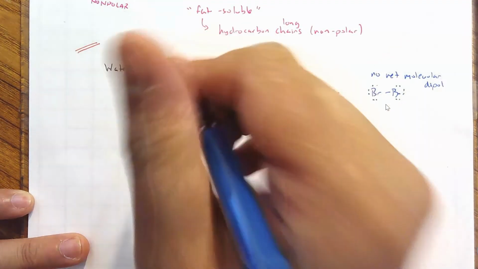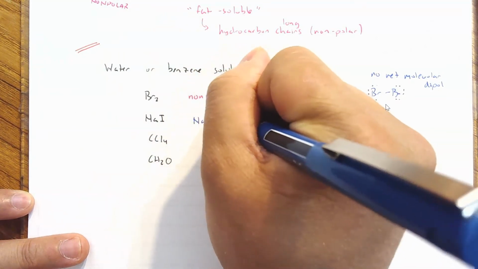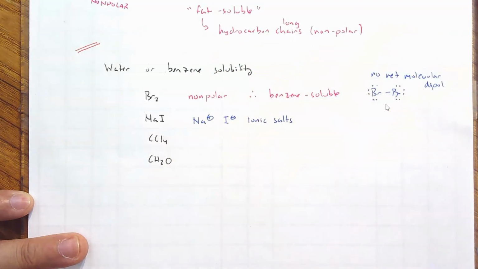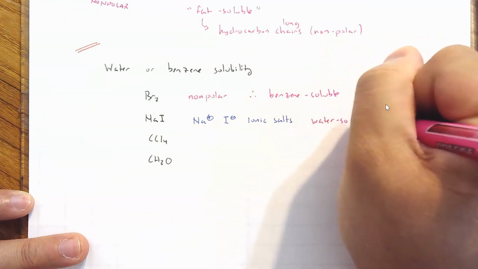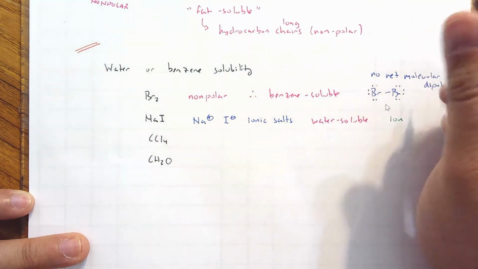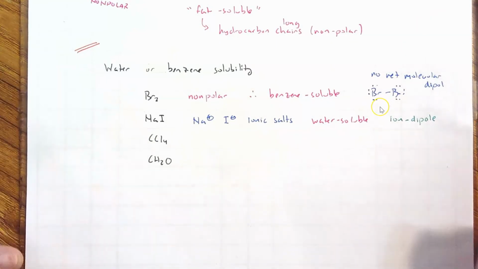NaI, we got to know that this is ionic. And ionic salts are pretty soluble in water because you have ion dipole interactions. So this is water soluble. Again, you could always test yourself by pausing the video. Try these two.